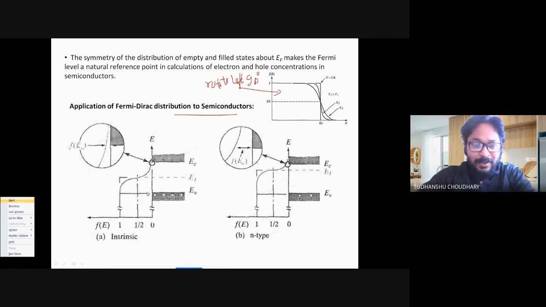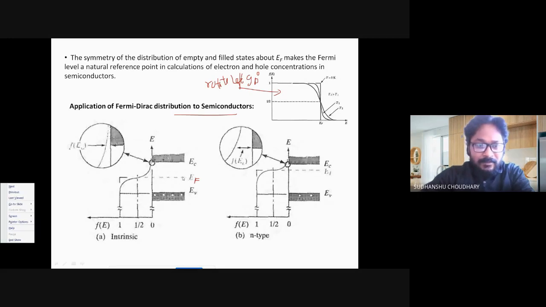So once you rotate, this is my Fermi level rotated one, and this is my energy band for an intrinsic semiconductor. In an intrinsic semiconductor, we understand that this Fermi level is between the conduction band and valence band, within the band gap, at the center of the band gap.